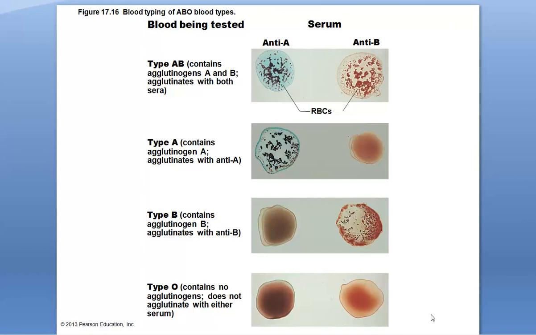If they were RH negative, we'd also see no agglutination with the RH serum or anti-D serum. So that person would be no A's, no B's, no RH's, and O negative. So given that information, what antibodies would you expect to find in the blood of a person who is O negative?